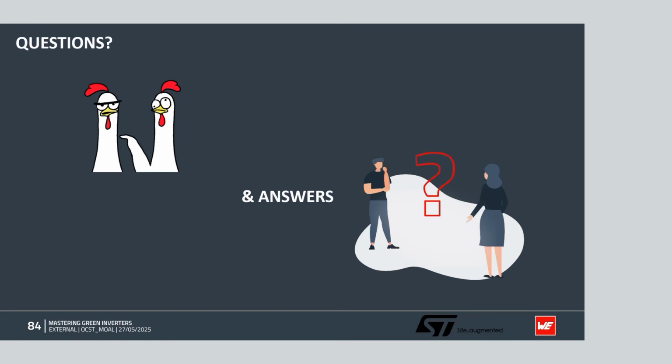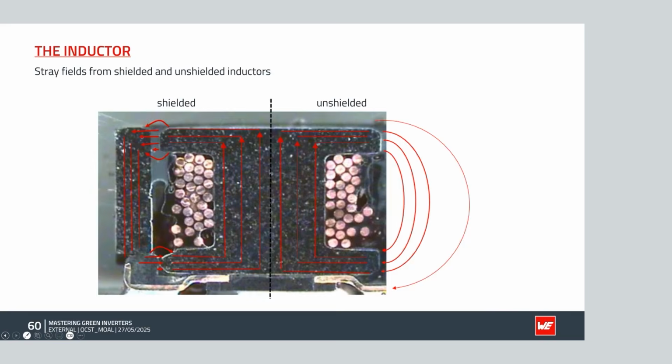As you increase the temperature, your saturation BH loop changes. And now, instead of saturating at 10 amps, for example, you're saturating at 4 amps or at 3 amps.